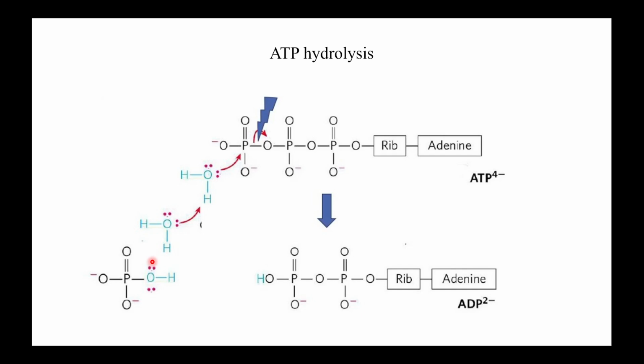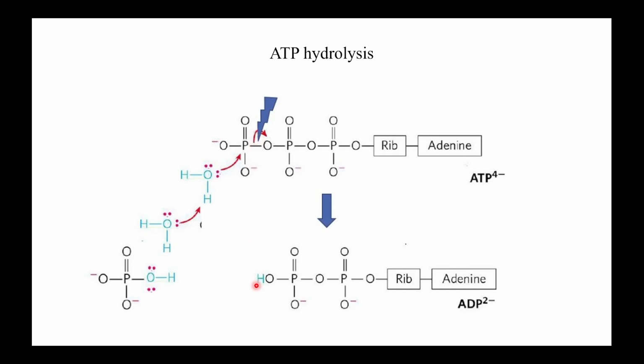This is how the ATP hydrolysis happens. Hydrolysis basically means the water molecule breaks down a bond and gets attached to that position. So you can see the lone pairs on the oxygen of water are attacking the phosphate here, and this bond is breaking.